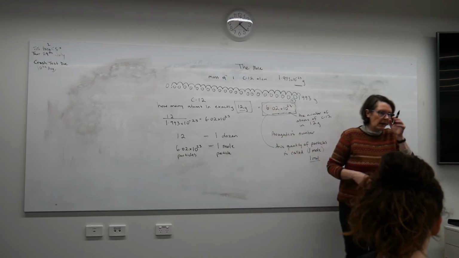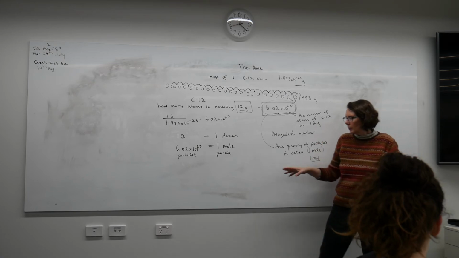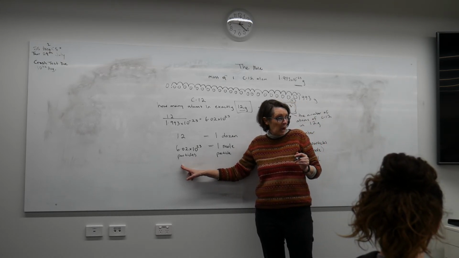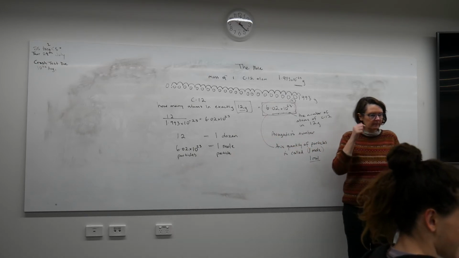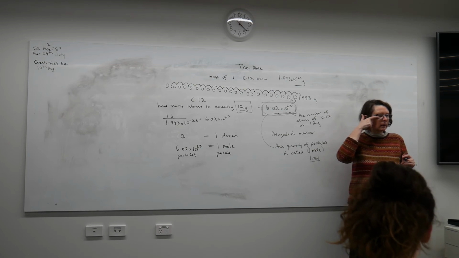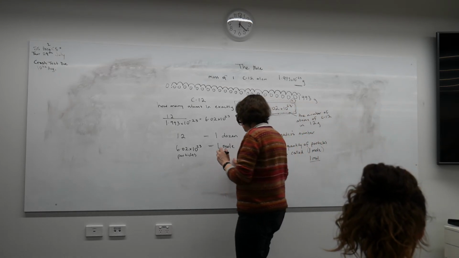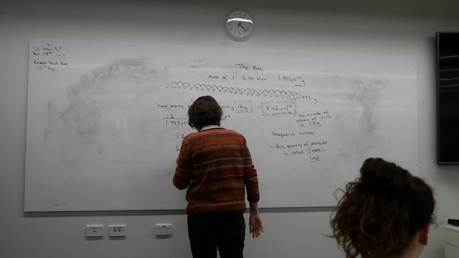If I said I had 1 mole of cars, then everyone should understand that means I've got 6.02 times 10 to the 23 cars. Hang on. Surely it's not that number of cars, it's that number of particles of the car. No, no, no. It's that many cars. So if I have a mole of cars, I have that many cars.